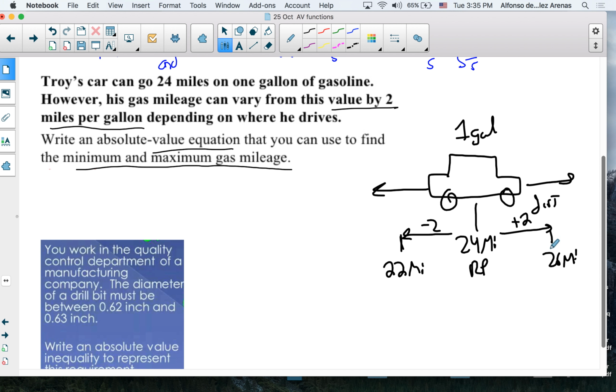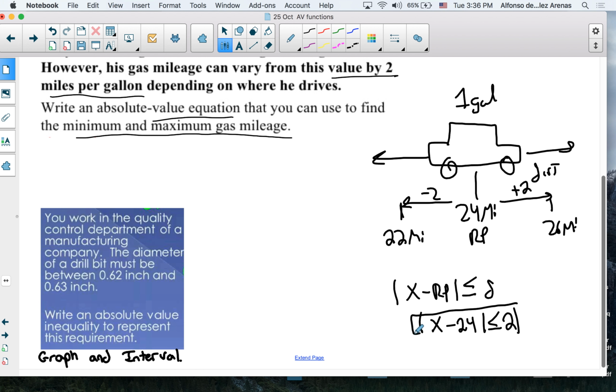This is the distance. It means that x minus the reference point, and it's between, so less than or equal to the distance. So the answer would be absolute value of x minus 24 less than or equal to 2. And that's the absolute value inequality.